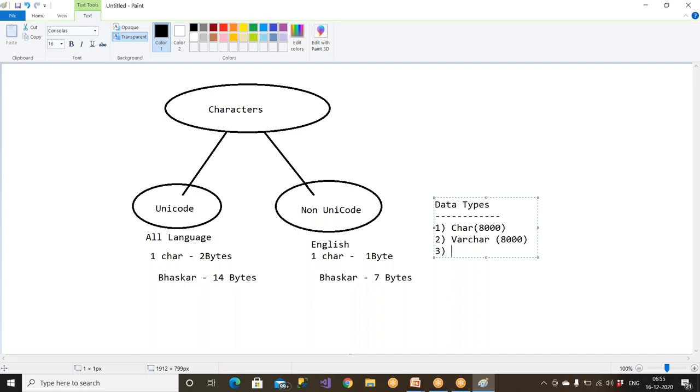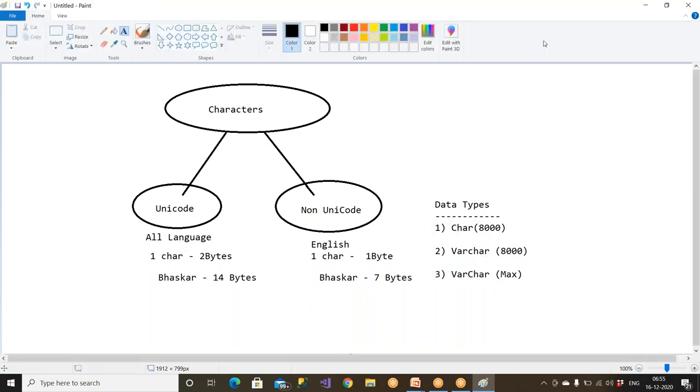And the next one is called varchar max. Clear? So these are the three data types Microsoft is giving to us, and these are for completely non-Unicode data. You can store purely English data.